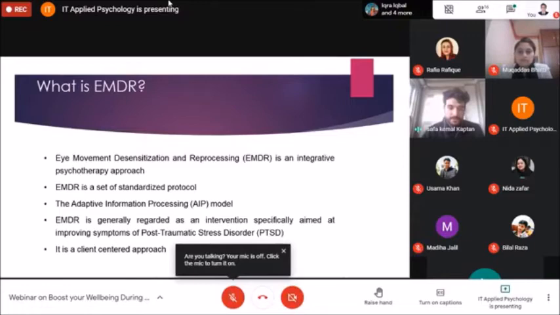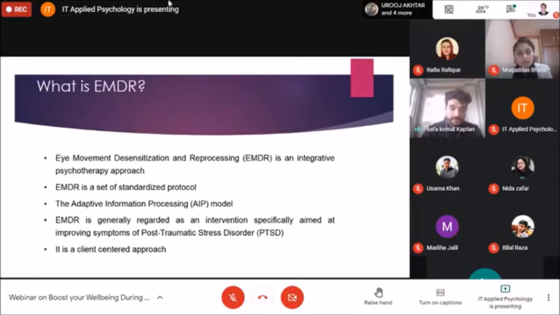So I will start with the EMDR itself, then I will move on to its background and its theory. EMDR stands for eye movement desensitization and reprocessing. It is originally an individual psychotherapy technique, and it has been extensively researched and proven effective for the treatment of trauma, stress, or other mood disorders.